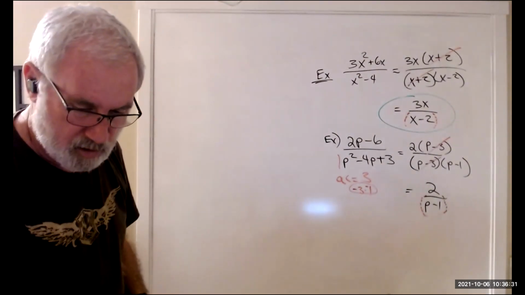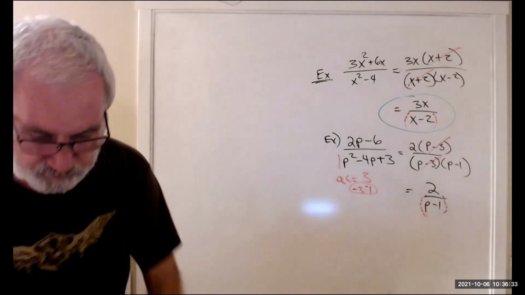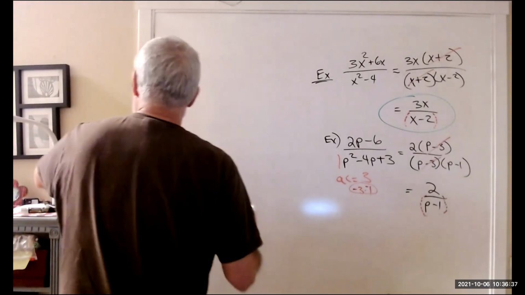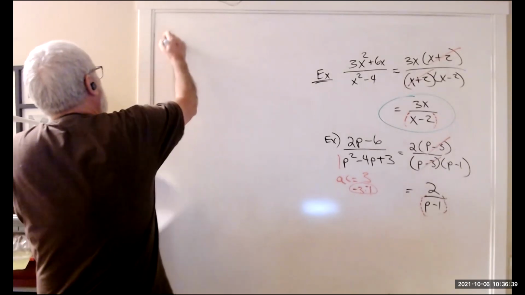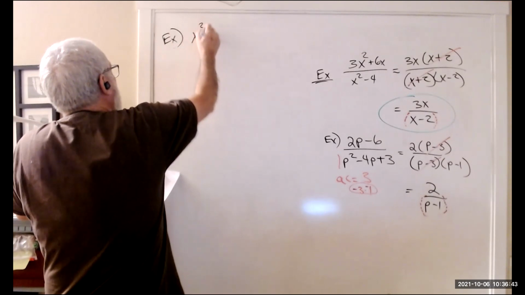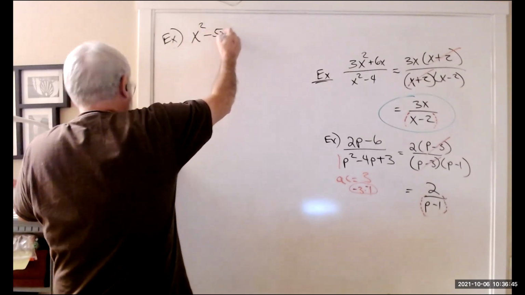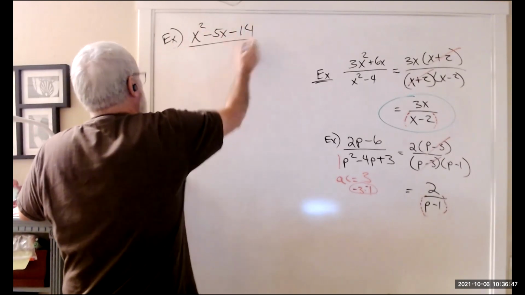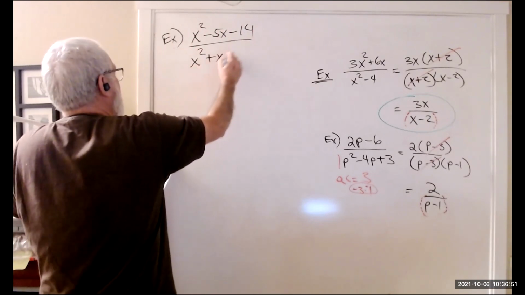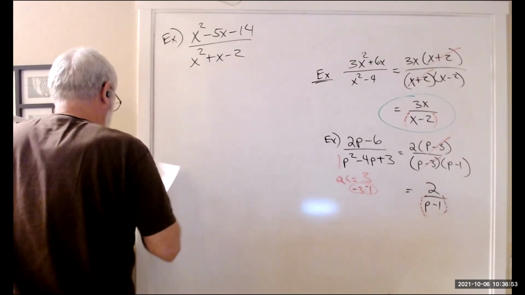Okay, let's try this one. This will be the last of the nice ones, and then we'll get to tricks. x squared minus 5x minus 14 over x squared plus x minus 2.